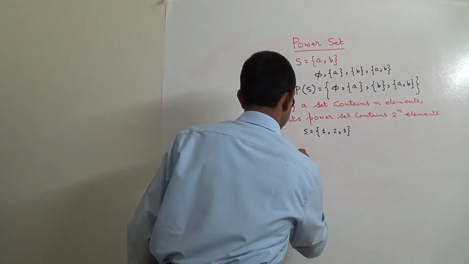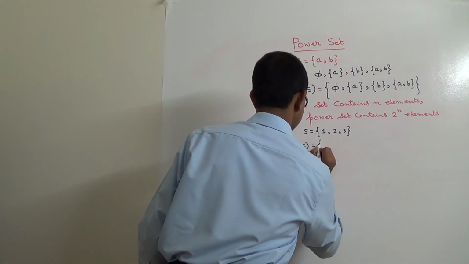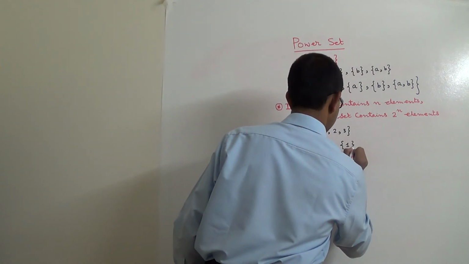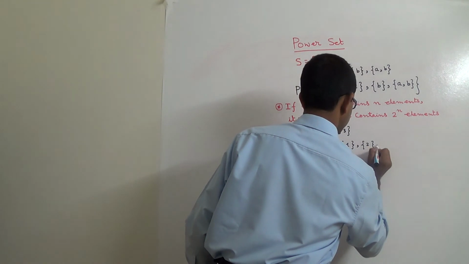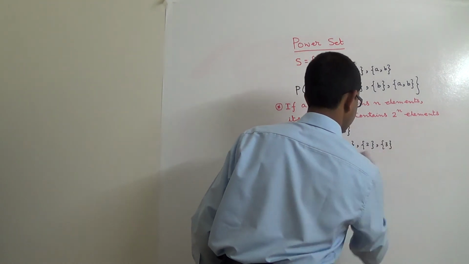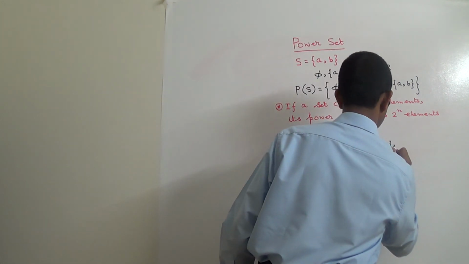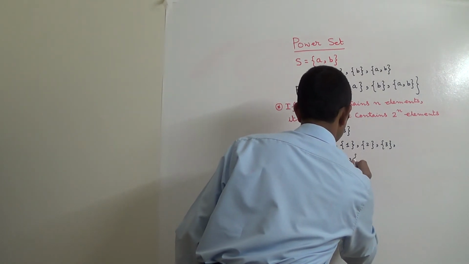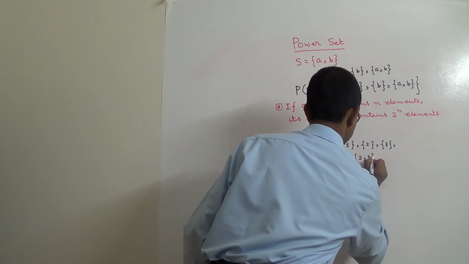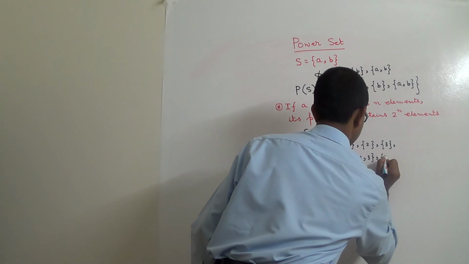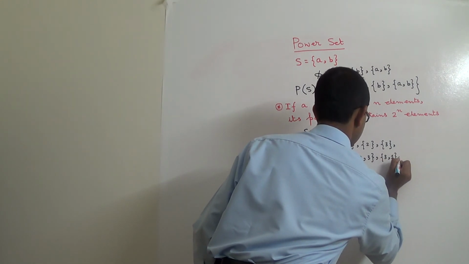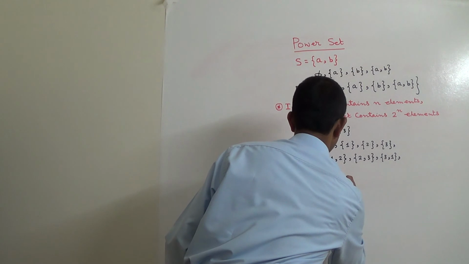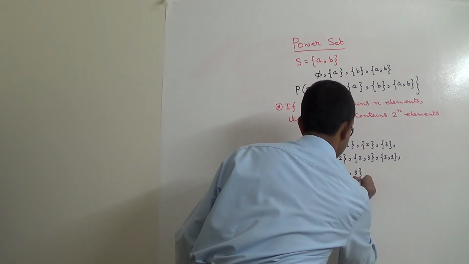So its power set should contain, first, phi, the null set, then {1}, {2}, {3}, then {1, 2}, {2, 3}, {3, 1}, and finally the entire set {1, 2, 3}.